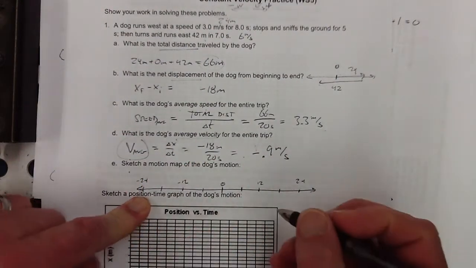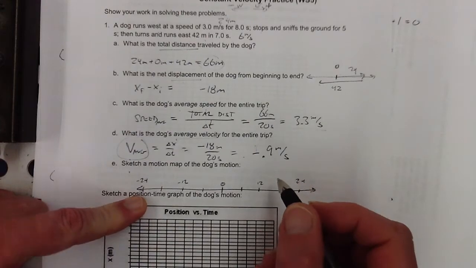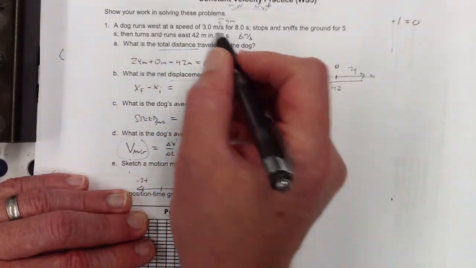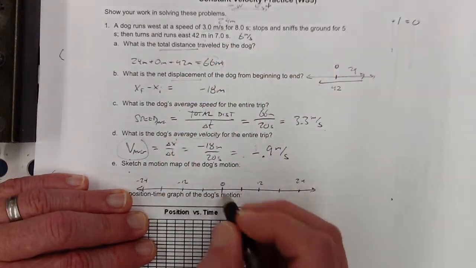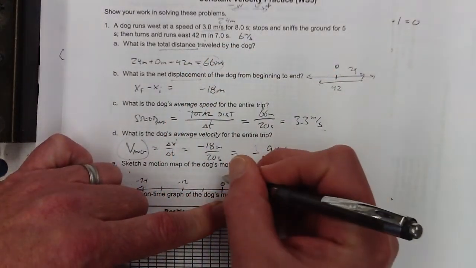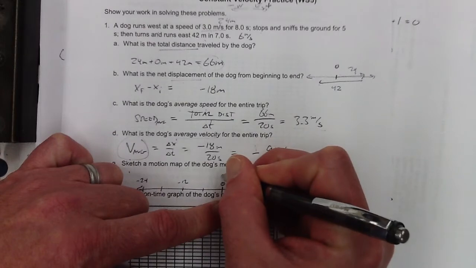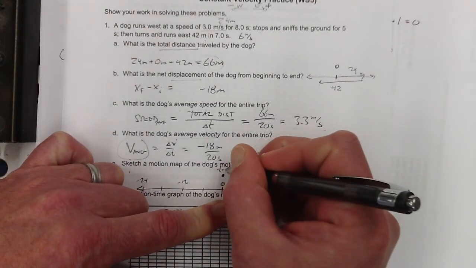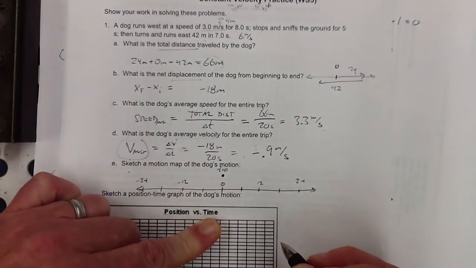All right, so our motion map is just going to show us, so here, doggy starts at the origin. I get to pick where the origin is. I didn't have to pick it that way, but that works. So that's like a little dot at time 0.